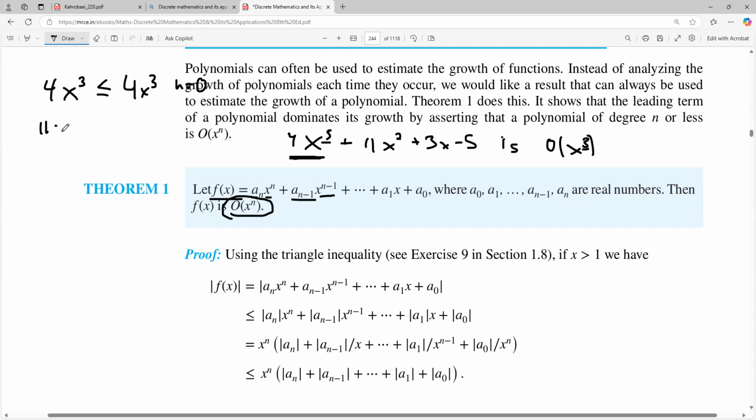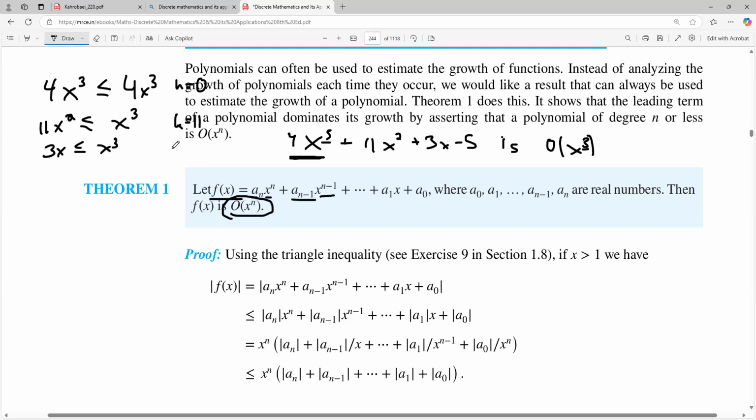Then we've got 11x squared, which is always going to be less than or equal to x cubed if I choose k is 11. Remember, we could choose k. And then we got 3x. It's always going to be less than or equal to x cubed.